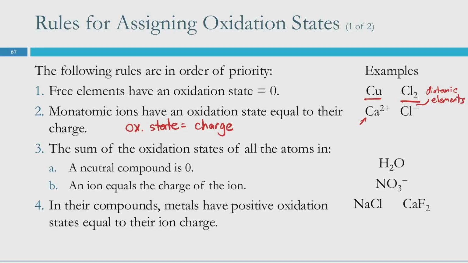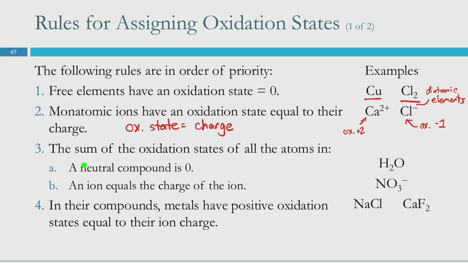So Ca2+ has an oxidation state of +2. Cl- has an oxidation state of -1. Not too bad so far.